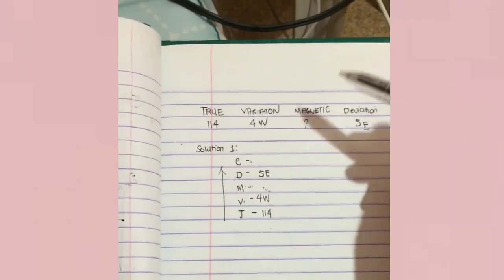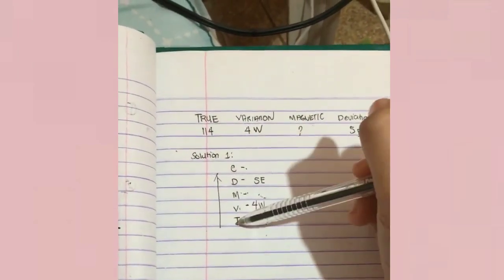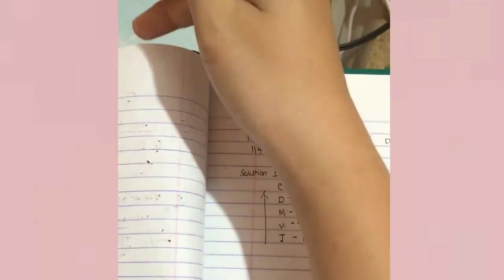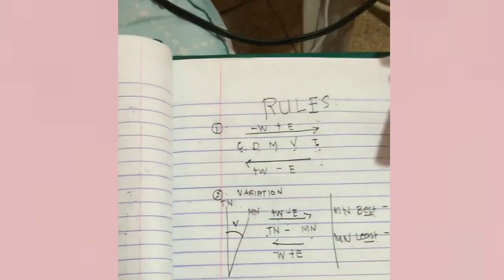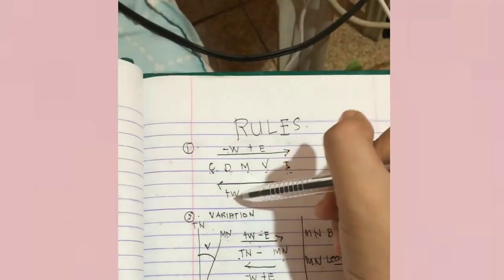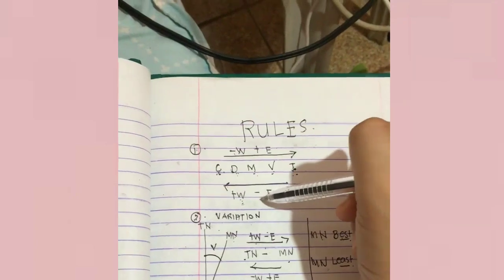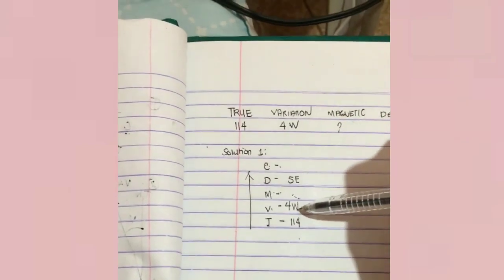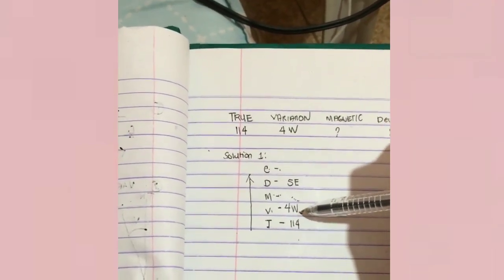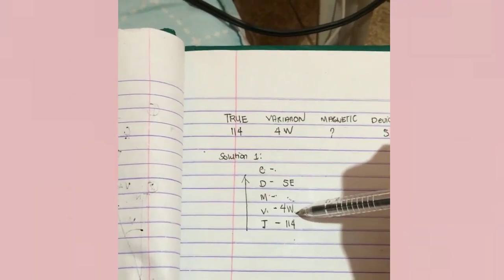And the rule when calculating true north to compass north is add westerly and subtract easterly. As we can see, our variation is west, which means we should add westerly.